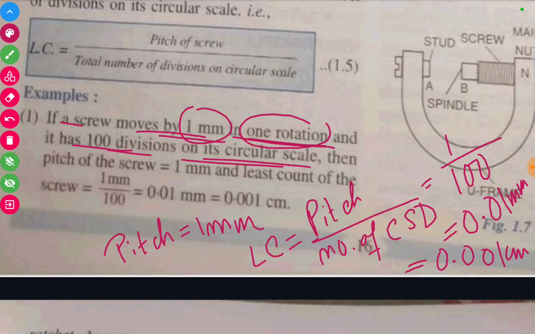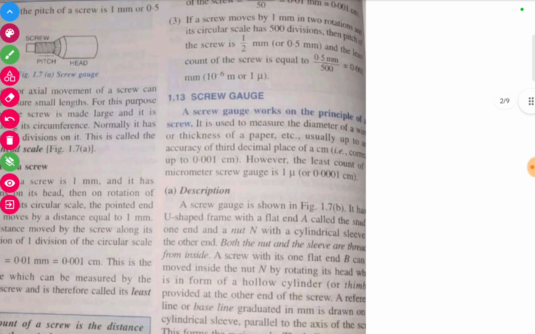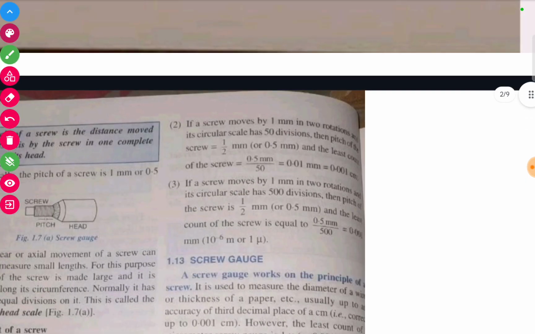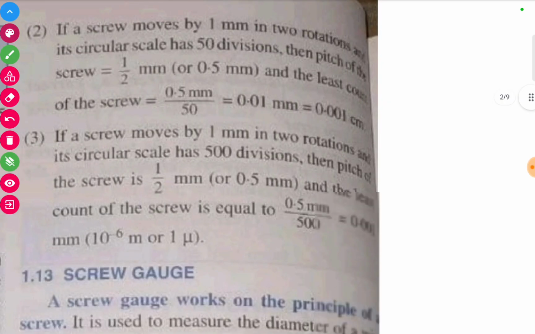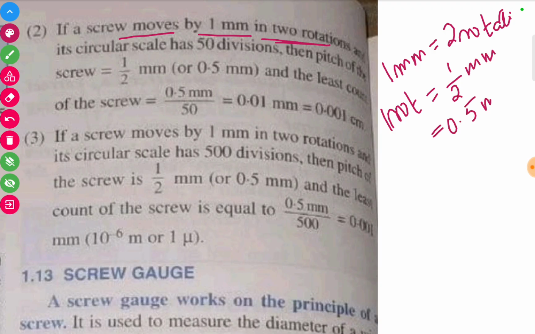Now let's look at how to find the different observations. There is another example. It is written, if a screw moves 1 millimeter in two rotations, 1 millimeter distance is covered in two rotations, then in one rotation it is covering 1 by 2 millimeter, that is 0.5 millimeter. So how to find the least count?